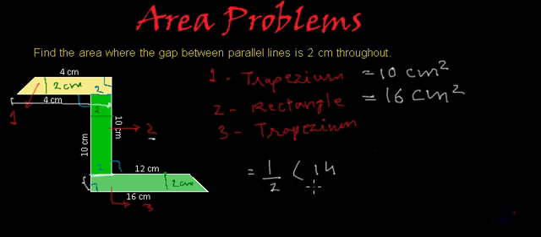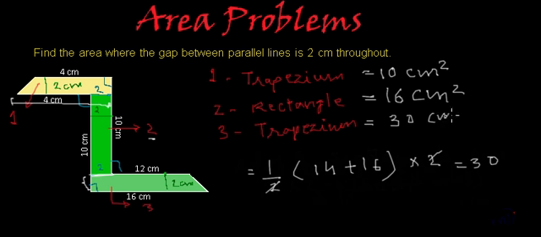And the bottom one is 16 centimeters, so it will be kept as it is. And what about the height? Height is again the same throughout the figure, so it will be 2. 2 and 2 got cancelled. 16 plus 14 is 30. So the area of the third figure, which is a trapezium, is 30 centimeter square, right?